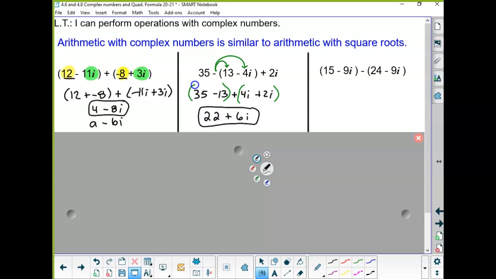You get 22 plus 6i. So look at the format, a plus bi. That's the real part plus the imaginary part. So it fits that mold of what we call the complex number.